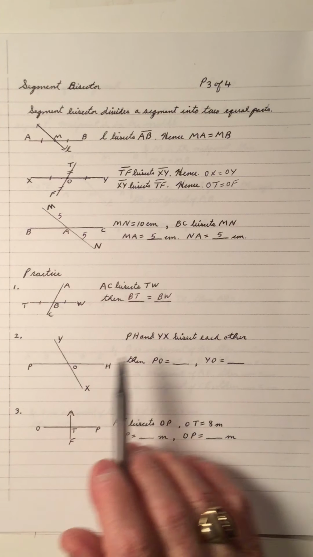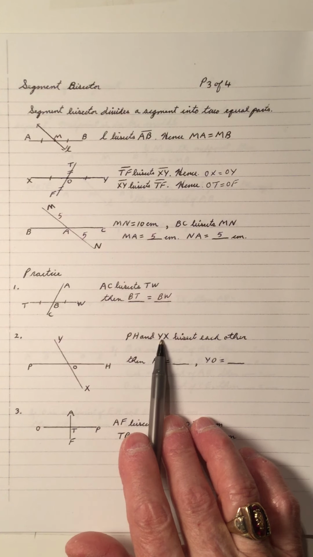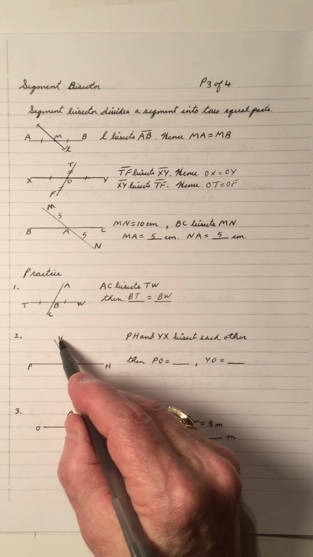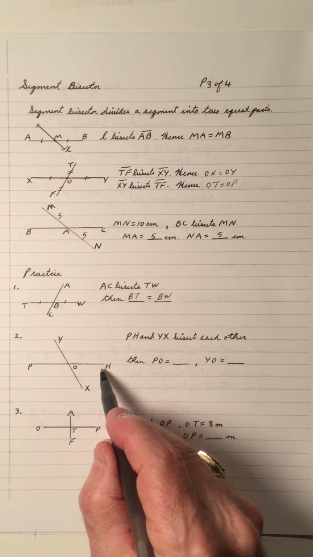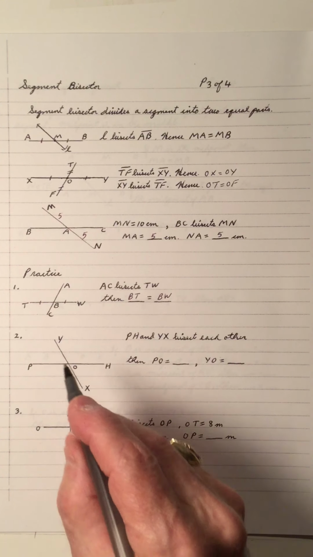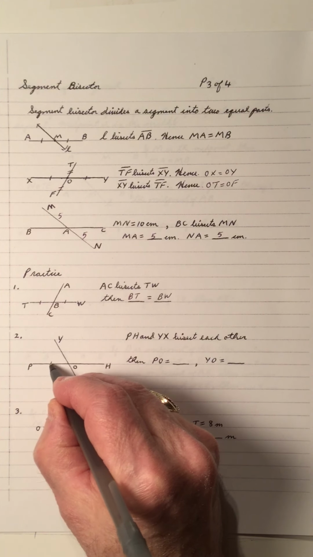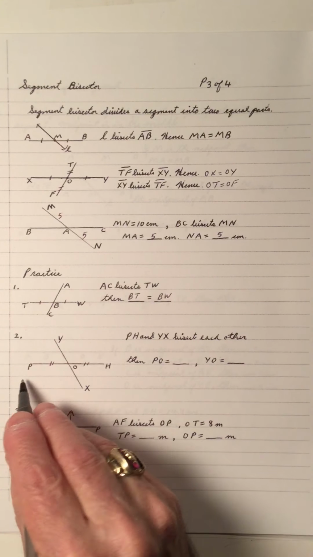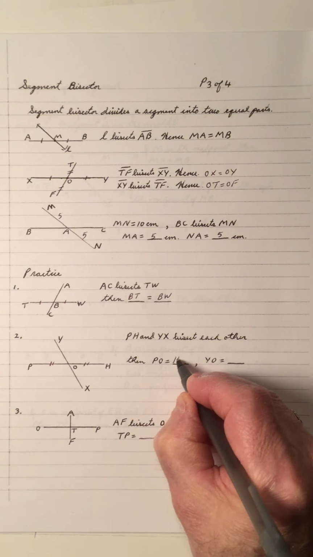It says here, number 2, that PH and YX bisect each other. So YX cuts PH in half, and PH cuts YX in half. So if they cut each other, that means that OP or PO equals HO.